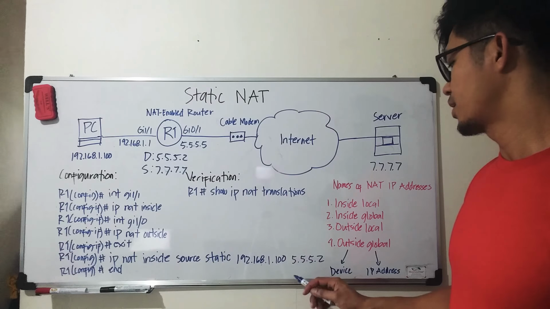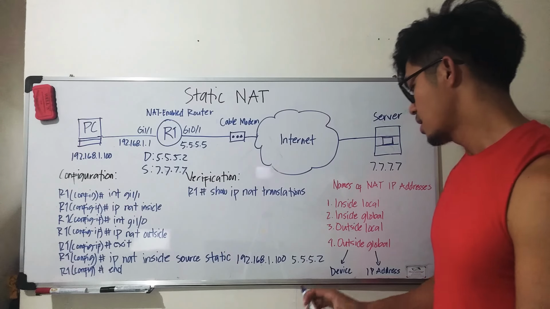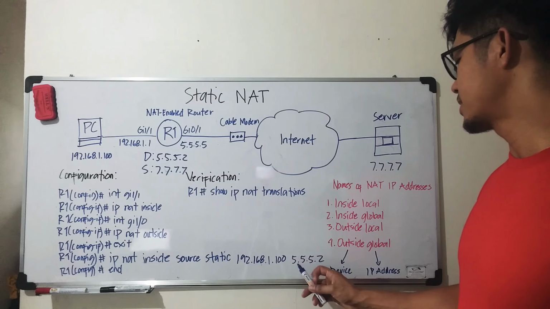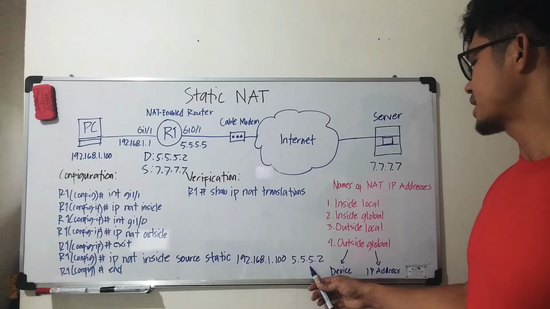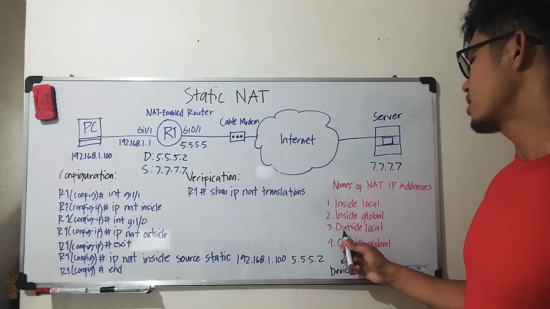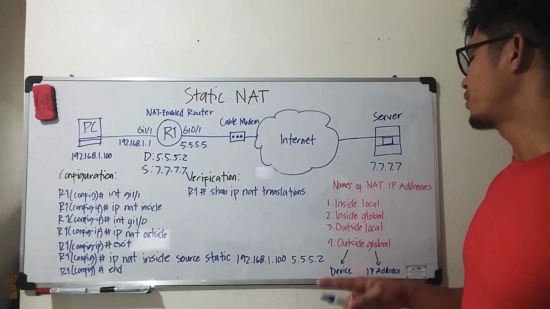and we are using this public IP in this example. So this is going to be the public IP or inside global, and outside local meaning the private IP address that is configured outside of our network.